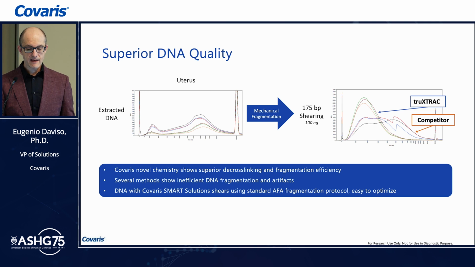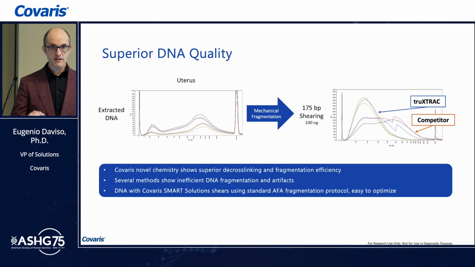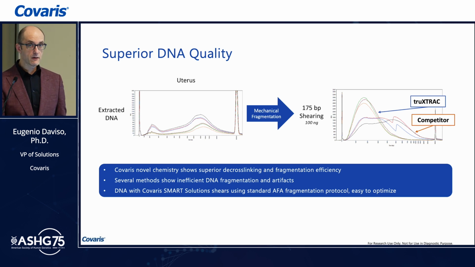When we shear DNA extracted from the competitor, we see a multimodal distribution of DNA with breakage points, pointing out the suboptimal chemistry that is out there for DNA and RNA that is limiting the ability to shear the DNA because it's all cross-linked still.